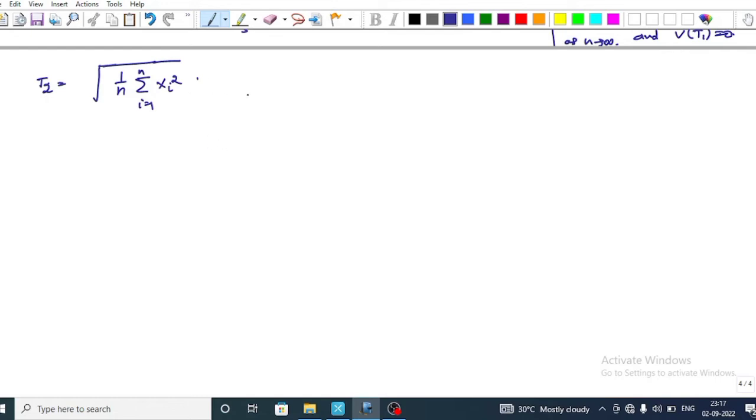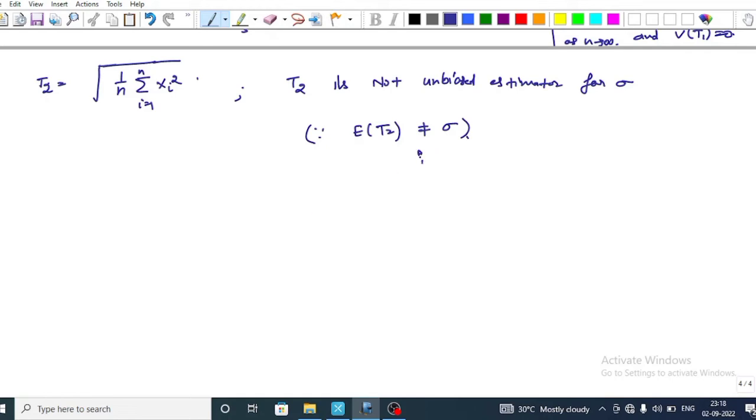Here we notice that T2 is not unbiased estimator for sigma, because expectation of T2 cannot be equal to sigma in general, because expectation, that is E, is not good with square root function.